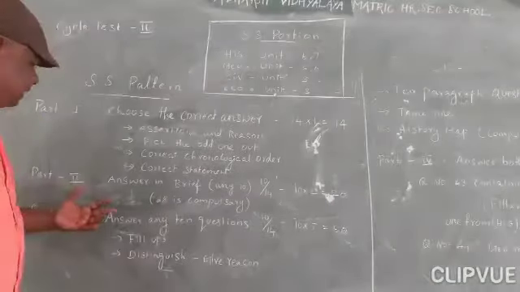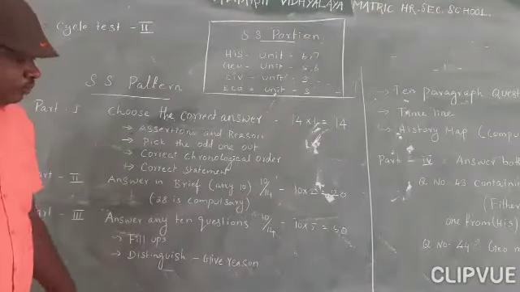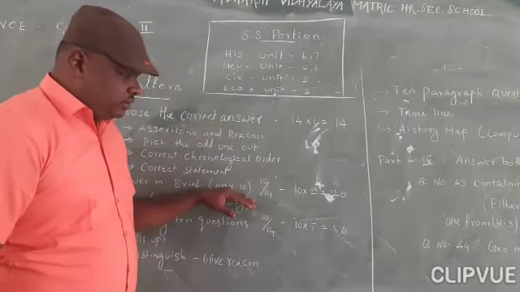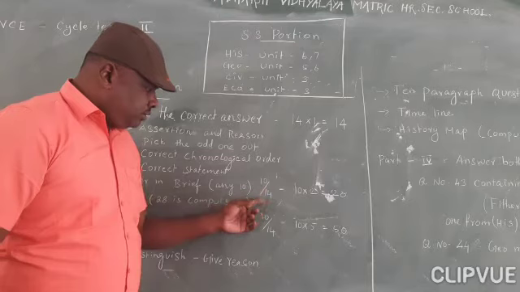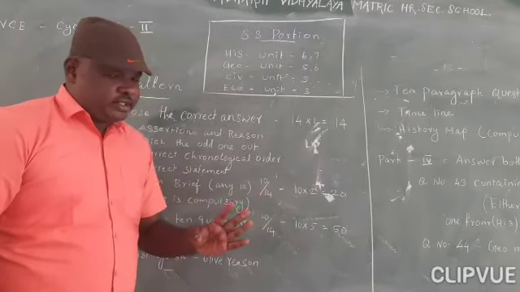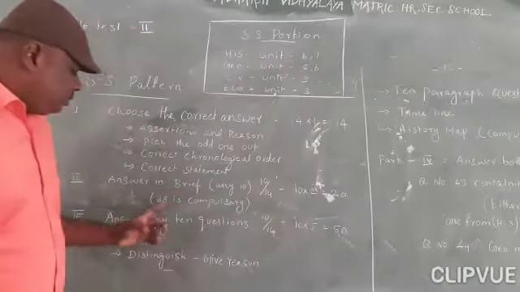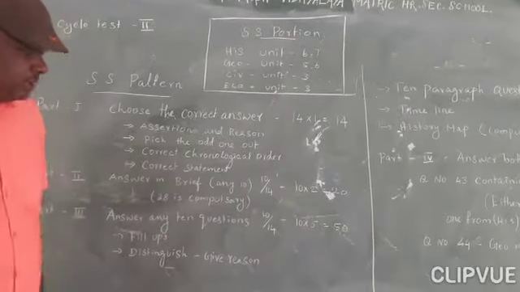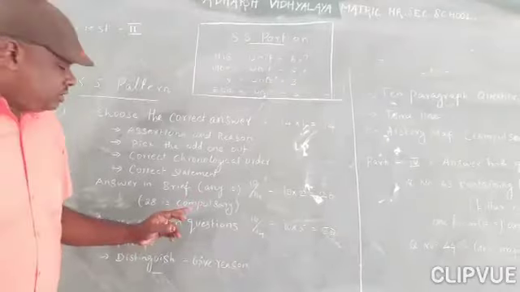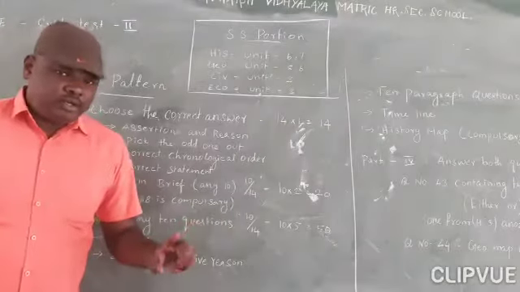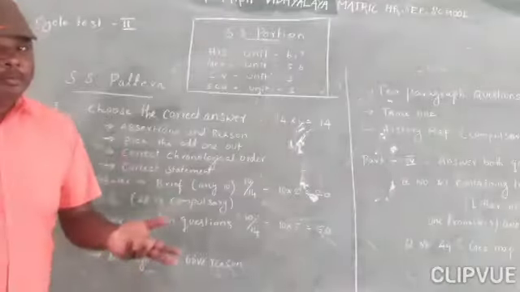And you see the second part, answer in brief. You need to answer any 10 questions out of 14. So the 14 questions, you have a choice, isn't it? So the 28th question is compulsory, which means the last question of the brief. It's compulsory. The question can be from history or geography or economics or civics, anything will come.